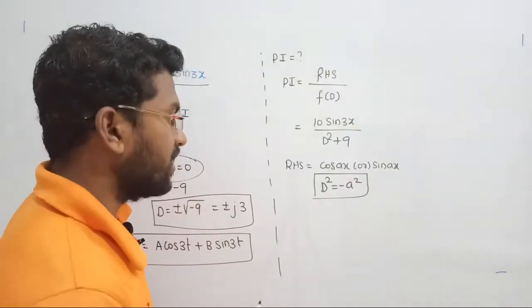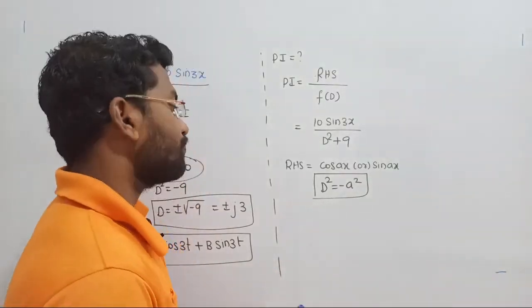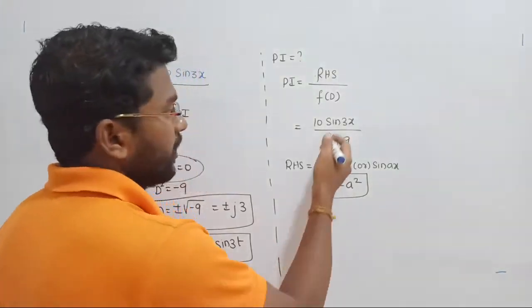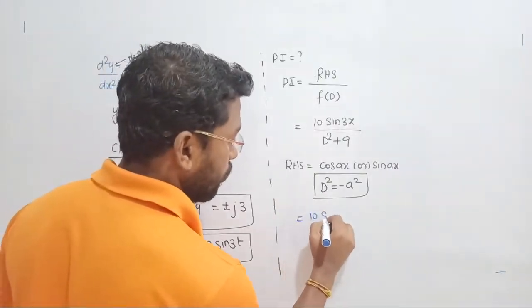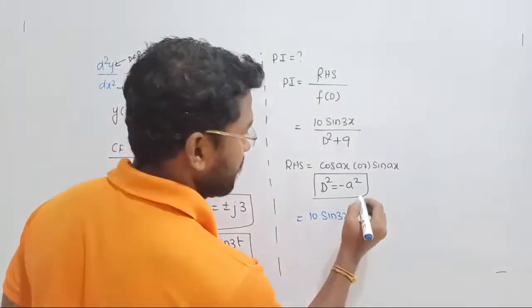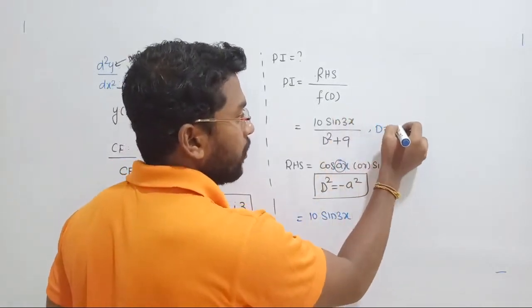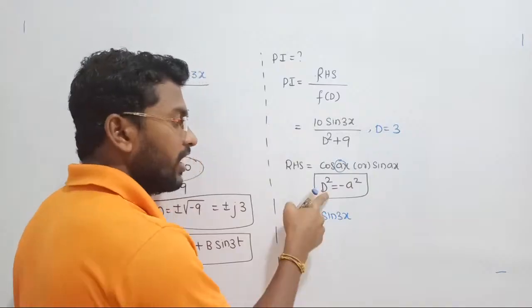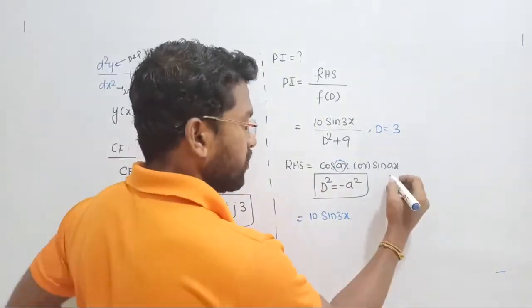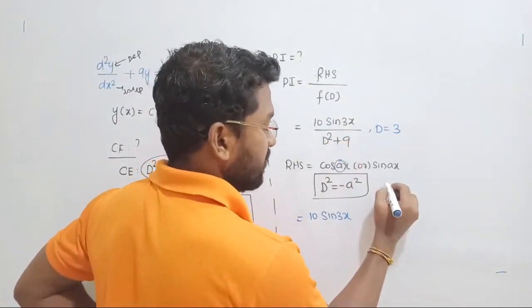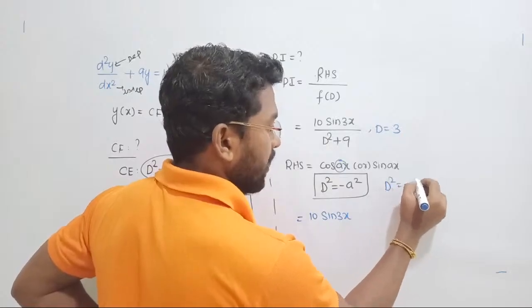Don't forget. Let's continue. So in our case, 10 into sine 3x. See there, here I have a, here I have 3. But what I want is D square equal to minus a square. So what is the value of a?